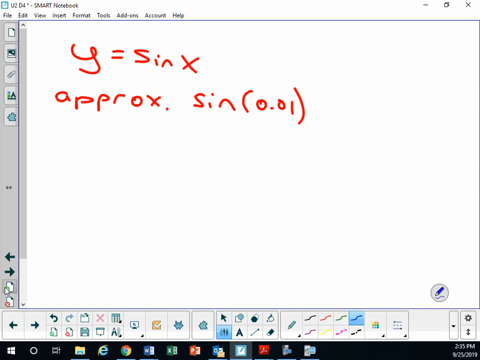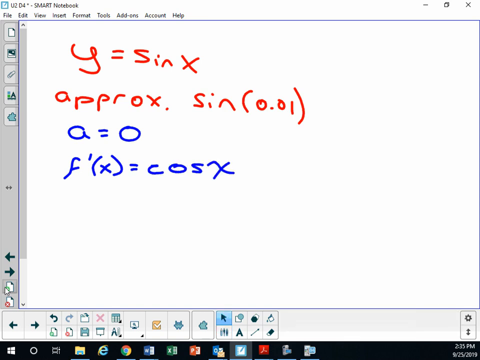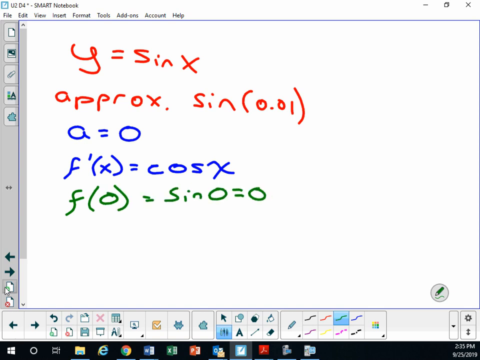A is going to be 0, because that's really close, and I know what the sine of 0 is. I don't know what the sine of 1 is, so I'm not going to use 1. A is 0. F prime of x is going to be cosine of x. So f of 0 is going to equal the sine of 0, which is 0.